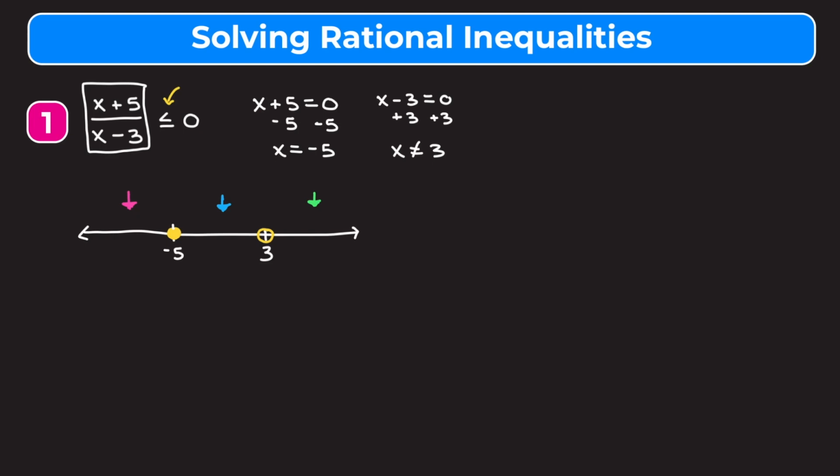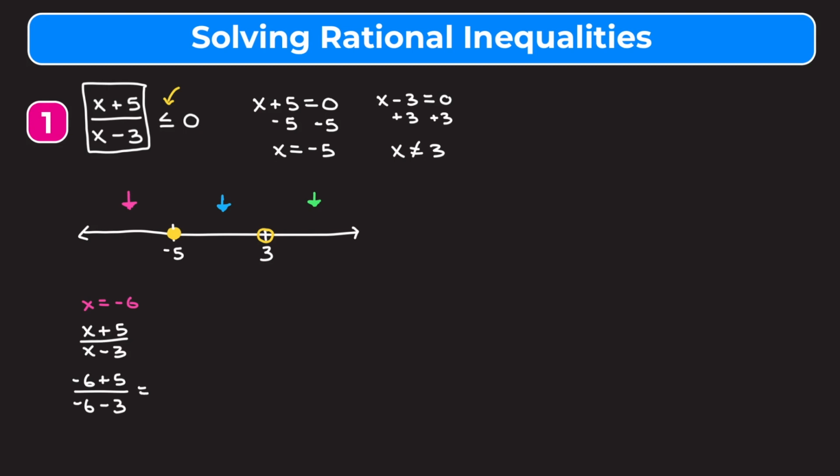Let's do this pink part to the left of negative 5 first. We need to pick a number that's less than negative 5, so let's test x equals negative 6. We take our original expression, x plus 5 over x minus 3, and replace our x's with negative 6. So we have negative 6 plus 5 over negative 6 minus 3.